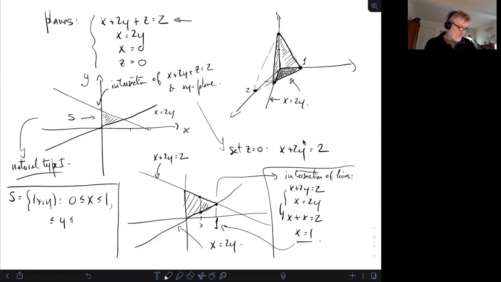There's the line on top, x plus 2y equals 2, so I'm going to solve for y, so that's (2 minus x) divided by 2. And on the bottom part, x over 2.